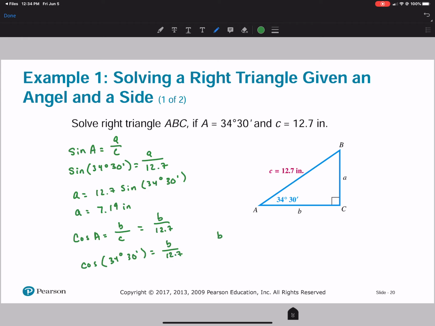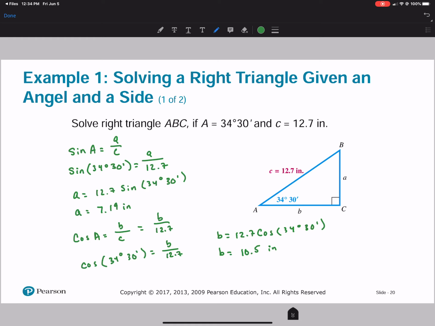So b is equal to 12.7 times the cosine of 34 degrees 30 minutes. When we put that in the calculator, we get roughly 10.5 inches.